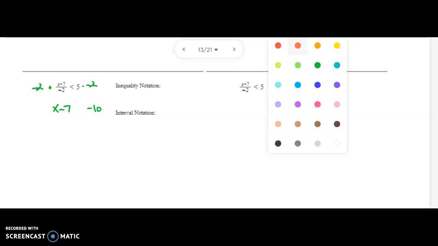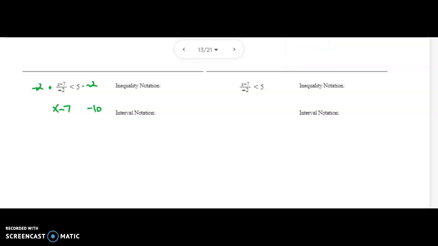But because we multiplied by a negative 2, the inequality needs to switch. Now we're going to add 7 on both sides. This is x is greater than negative 3. So if I have negative 3, that's going to be an open circle, and I'm going to draw an arrow or shade to the right because it's greater than.